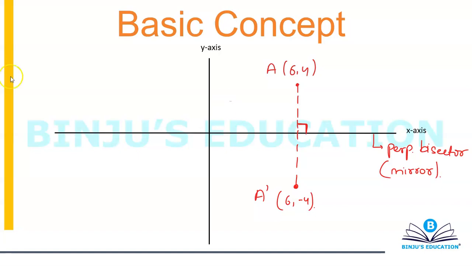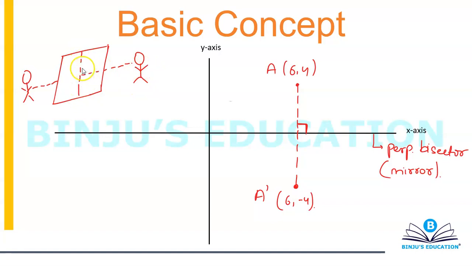So for example, if you have a mirror something like this, and let's suppose you're standing here, then this will be your image formed. This is the surface of the mirror.